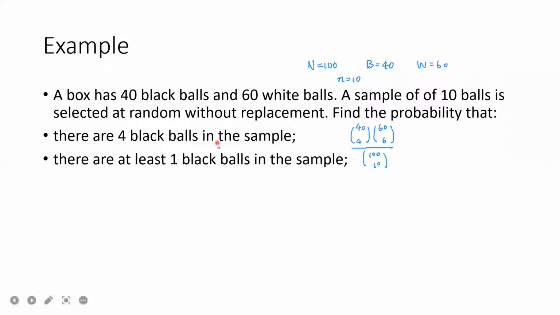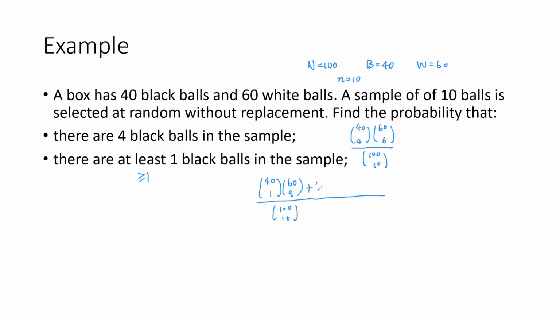Next one, there are at least 1 black balls in the sample. So at least 1, you could have 1 or 2 or 3, or at least 1 is greater than or equal to 1. So you could write 40, choose 1, and 60, choose 9, and then you have a 100 over 10, the bottom.